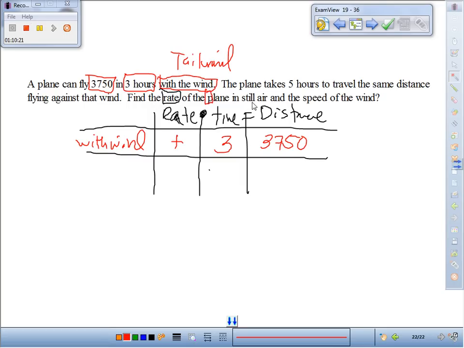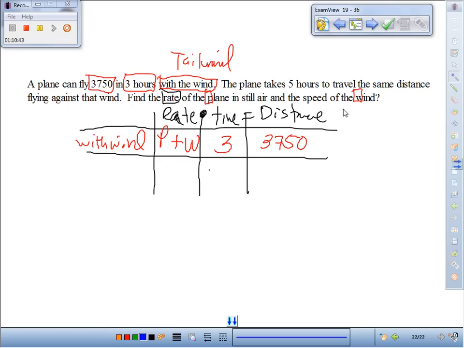The plane and the wind. So we're going to write P plus W. Remember that? Yes. If you write tailwind or with wind, I'll take either, that's fine, as long as you understand what you're doing.